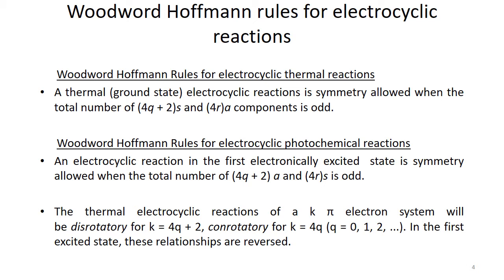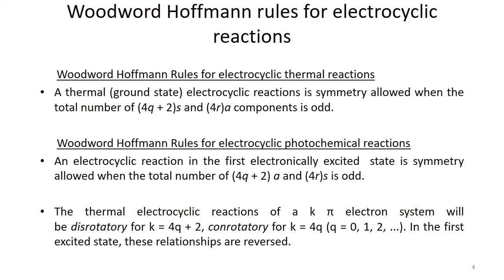First, let's have a summary of what the Woodward-Hoffmann rule says. According to these rules for a thermal electrocyclic reaction, if the sum of the 4q plus 2s and 4r a components is odd, then we say that the thermal reaction is allowed.